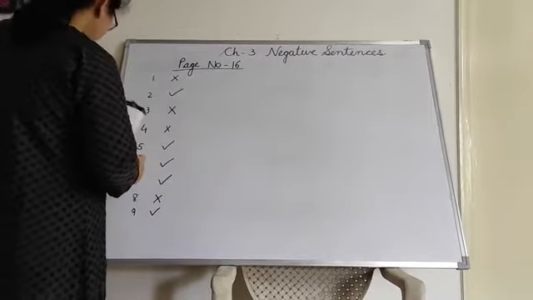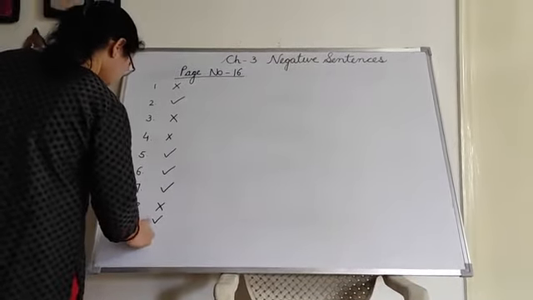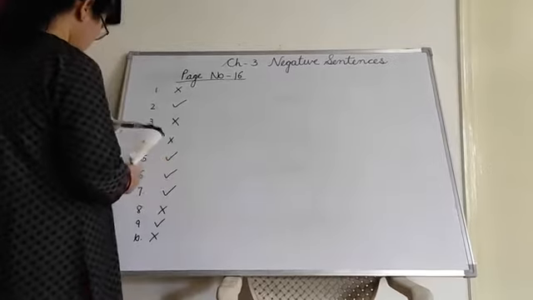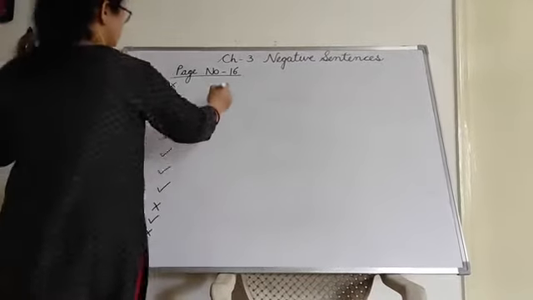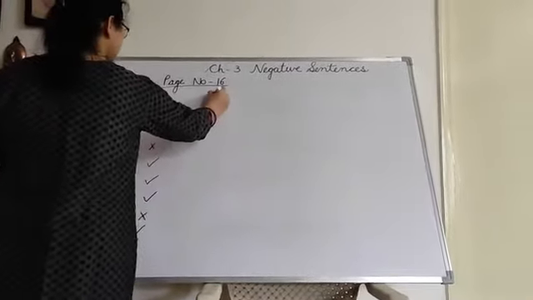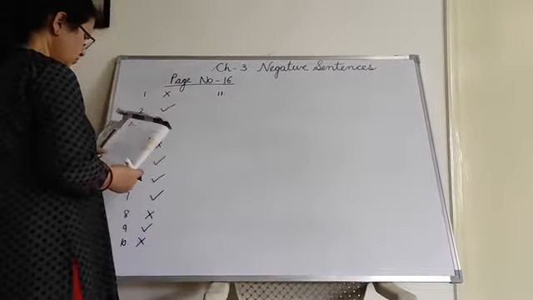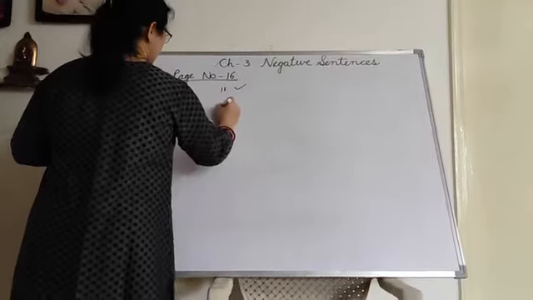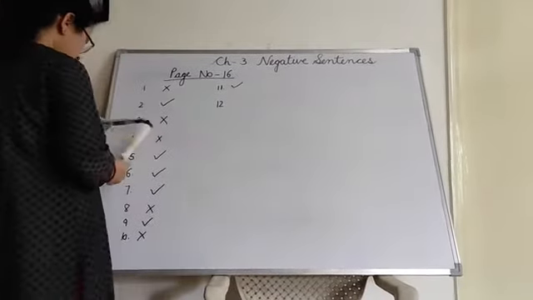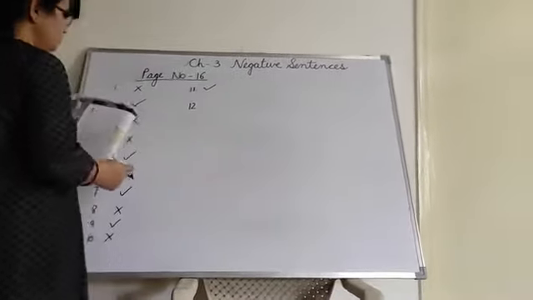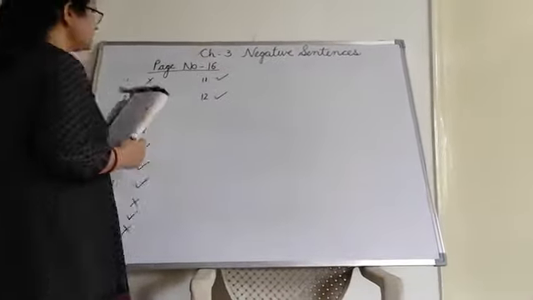Gautam not sing does well. This is wrong. Then 11th number, I do not watch cartoon shows. So it is correct. Now 12th number, my father does not like noodles. So this is also correct.